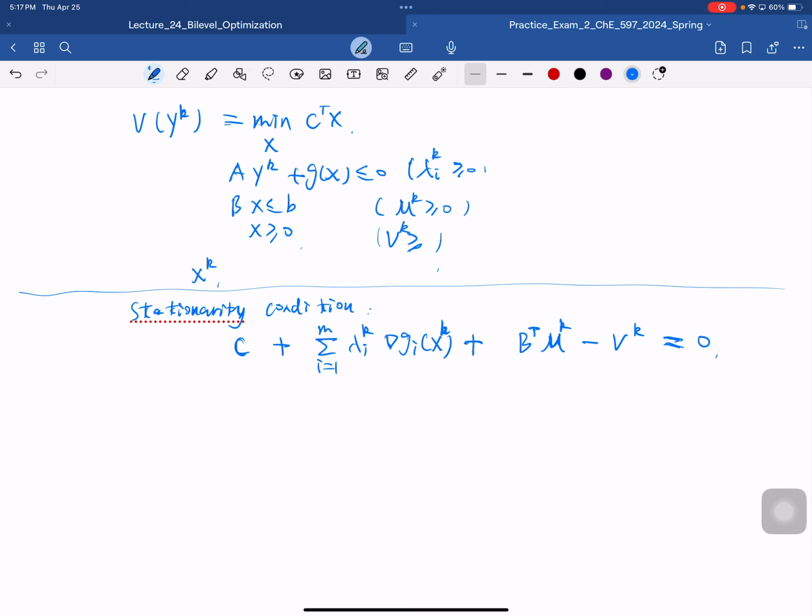Okay, so actually we only need a stationarity condition to derive the Bender's cut. So this is part of the KKT condition. Then the other thing we need is, let's say, the outer approximation cuts at xk.